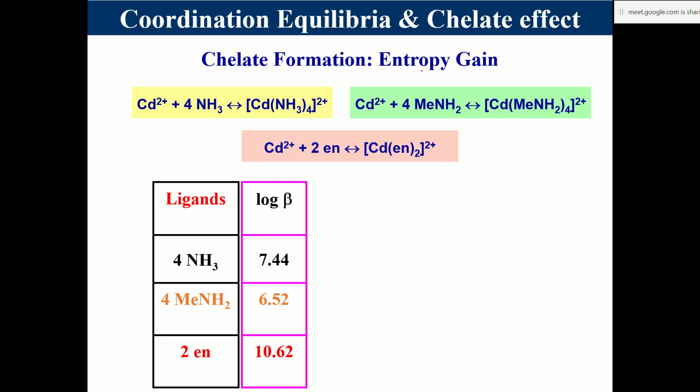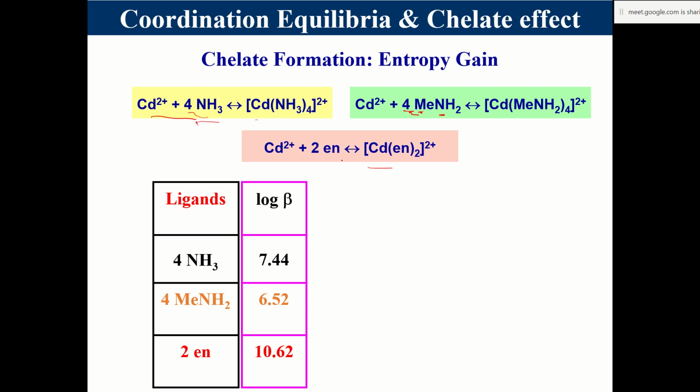Another example of entropy gain: the cadmium amine complex. Here also there is a metal cadmium-nitrogen bond. In another example, one of the hydrogens in ammonia has been substituted by a methyl group.